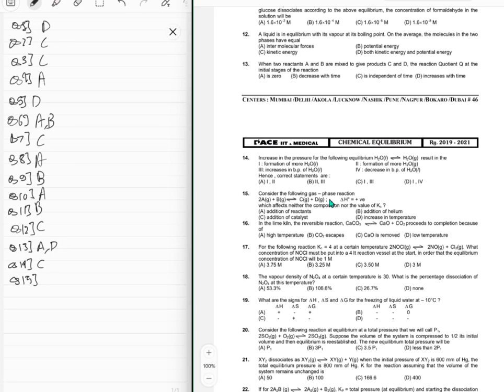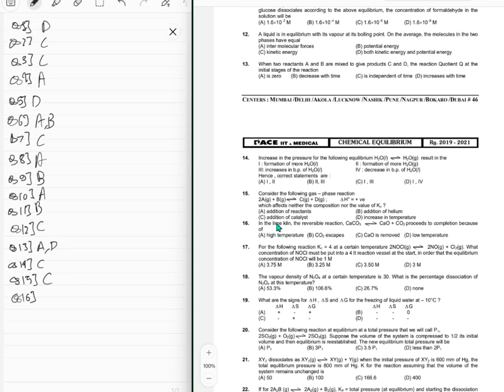Changing temperature of course changes everything. Addition of catalyst doesn't change anything. Addition of reactants will change everything because it changes the composition. Addition of helium is dependent on the pressure, and if you're doing this in a constant pressure environment, then addition of helium will change everything. So C is the way to go, I think.